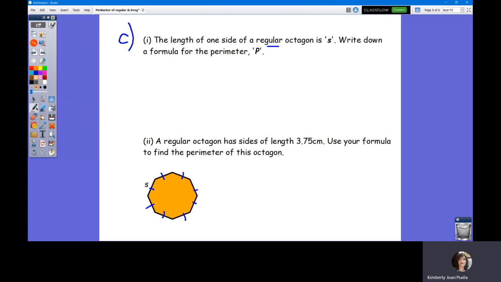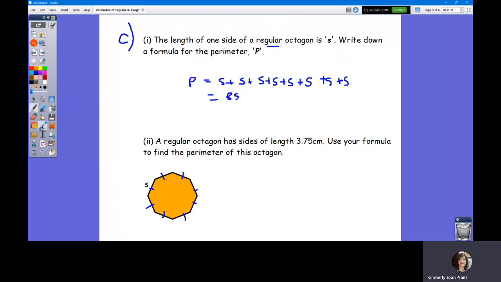So here we are going to use the formulae we have learned previously in algebra. So P, standing for perimeter, is equal to, either you add S for 8 times, S, 3, 4, 5, 6, 7, 8, and then you should have 8S.